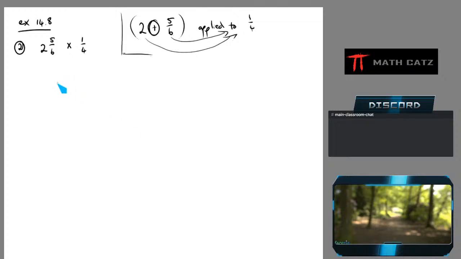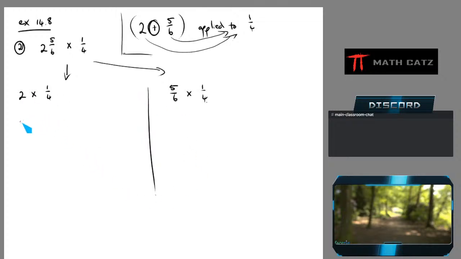All right, so let's say we're going to split this up like so. I have a little divider line here. First, I'm going to take 2 times 1/4, and then I'm going to take a little fraction portion of that mixed number. It's going to be done separately, and then I'll merge them at the end.